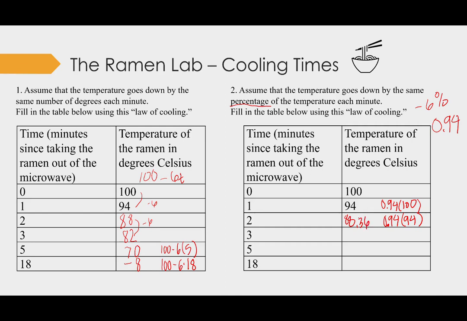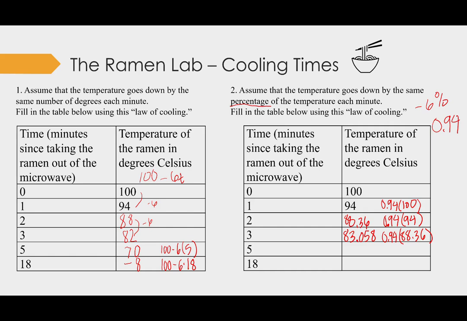88.36. Okay, and then we're going to take that reference point, 88.36, and multiply that by 94% for our next one. That ends up being 83.058. We'll round to that number.